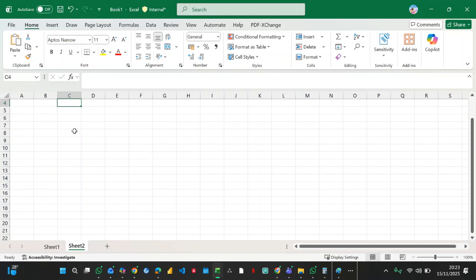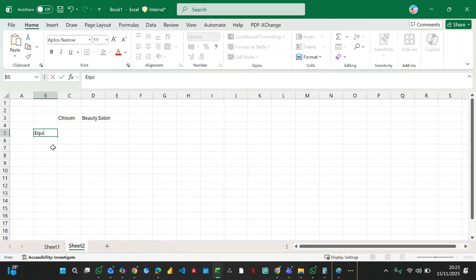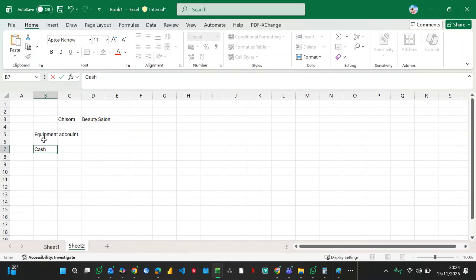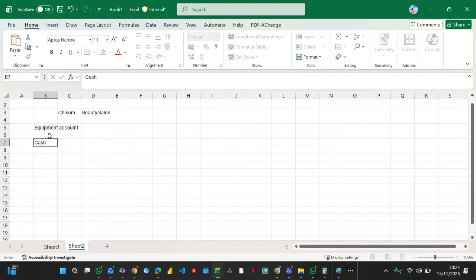Let's say she has an account for equipment, and in another account she has cash.